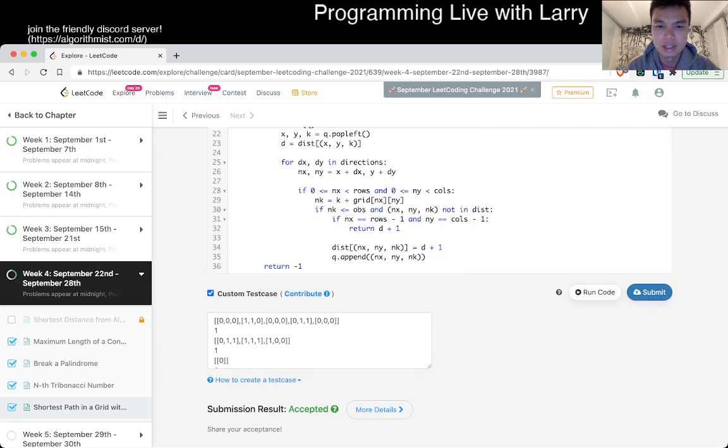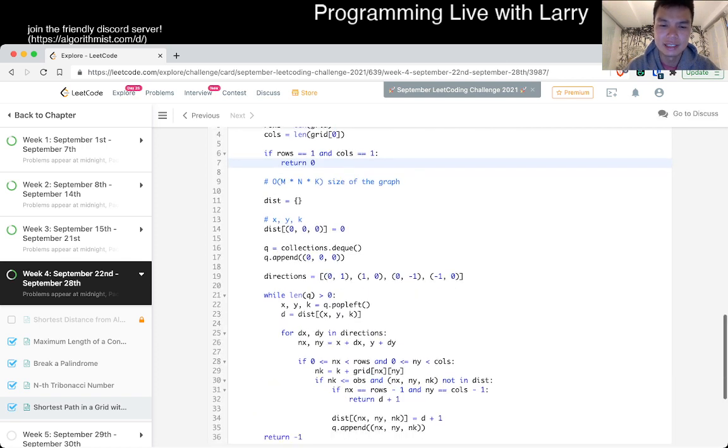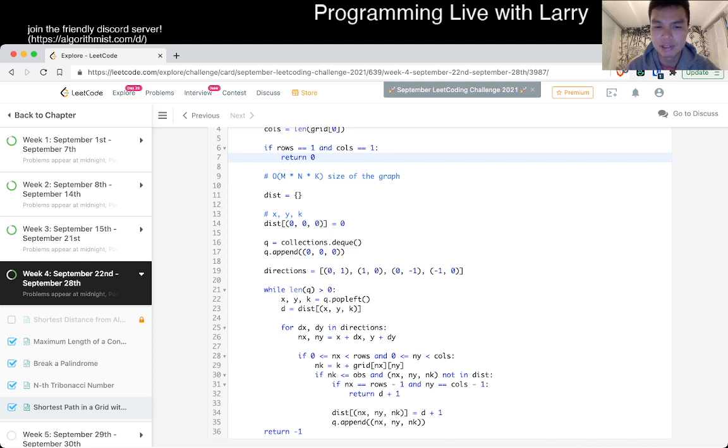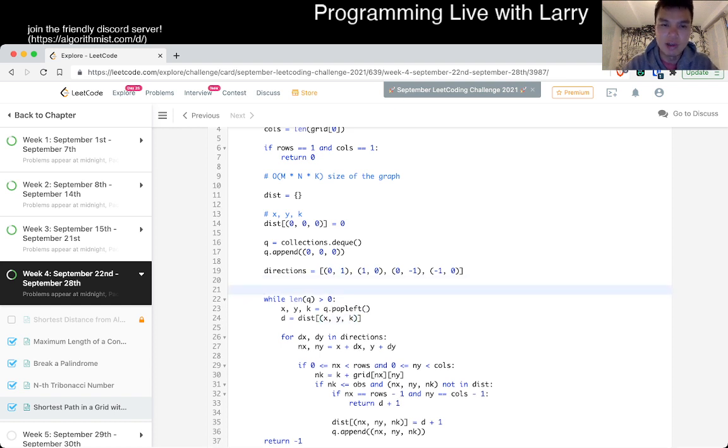Okay, cool. So the worst case is going to be the size of the graph, even though, like we said, many of those are not reachable. I think you can do a lot of math to be more precise, but at least half of them are not going to be reachable. But that's the complexity because it's a breadth first search, so you have to look at the entire graph, and the entire graph is now m times n times k, right?